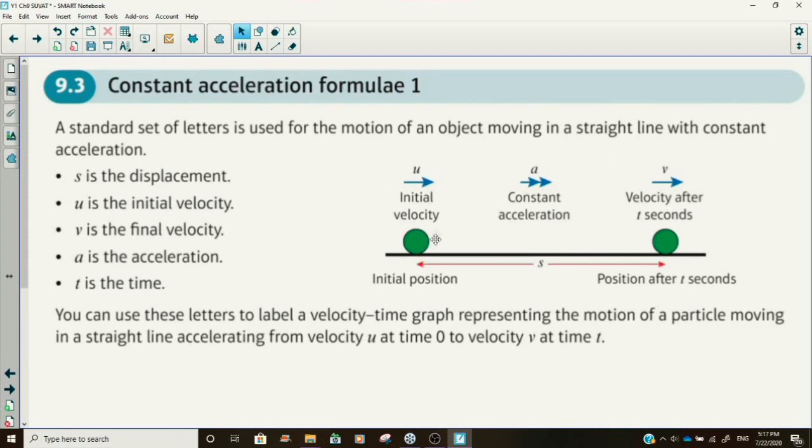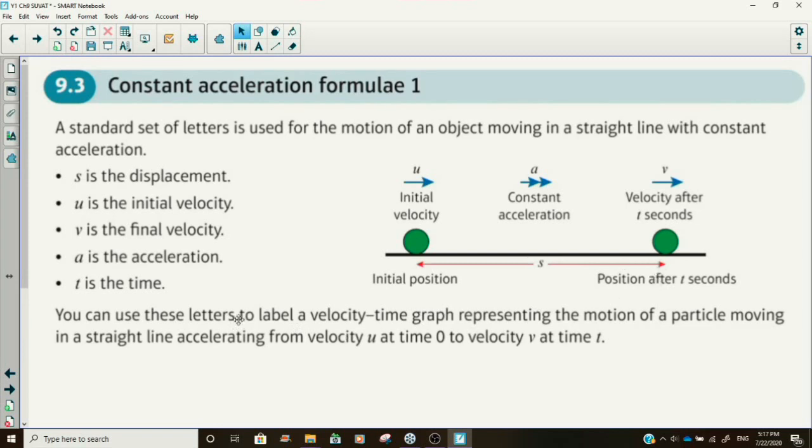Here we have an object at a certain position, and it has an initial velocity u, but it's accelerating to the right at a rate of a meters per second squared. After it's travelled s meters, and at time t, it has a velocity v. Okay, so that's the scenario.